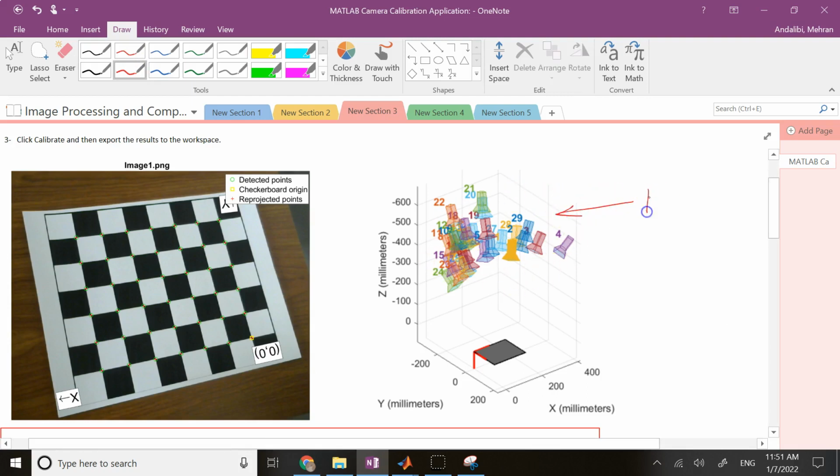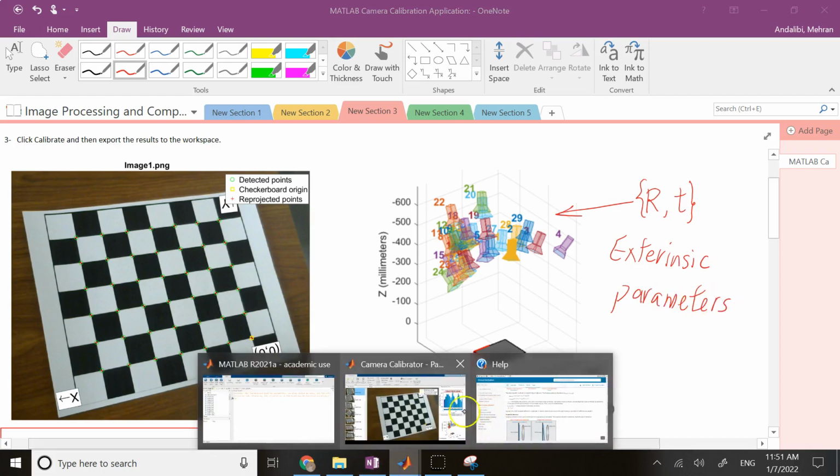These are the rotation matrices and the translation vectors, R and T. Okay, so R and T, the extrinsic parameters, are what you can see in this picture to some extent. Good, so we got that.